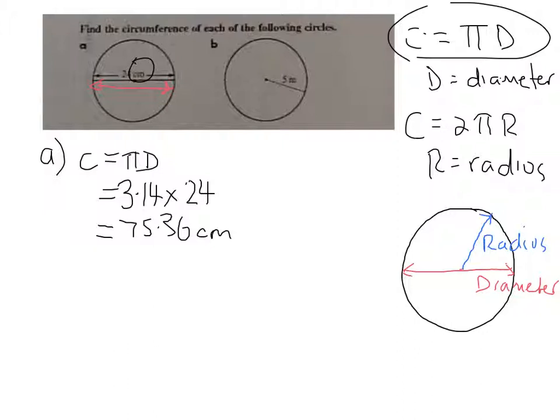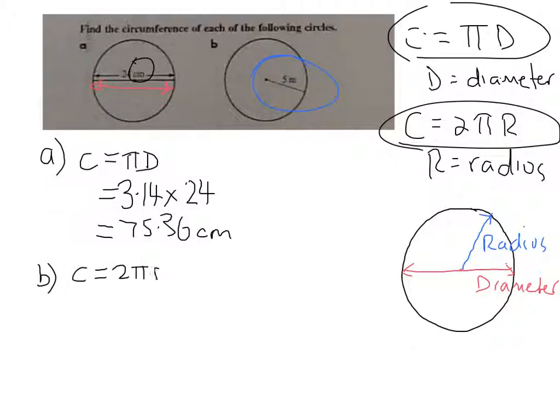Now for part B, or the second question here, in that question we are given a radius of a circle. So we need to use the radius version of the circumference equation, which is over there, C equals 2 pi r, which is equal to 2 multiplied by pi, we use 3.14, times by the radius from the question, which is 5.